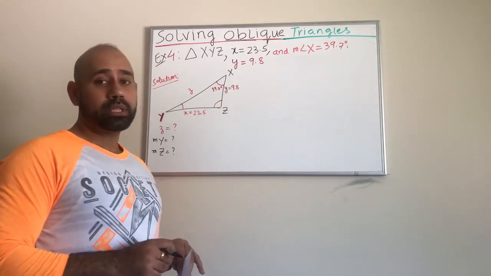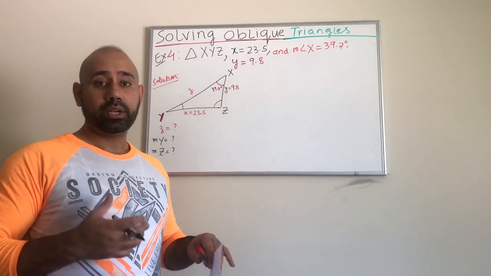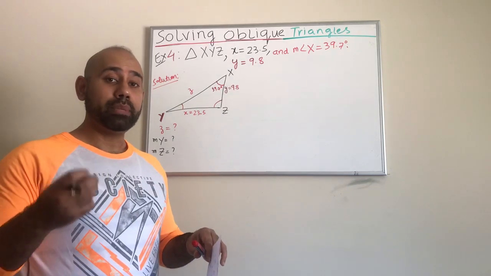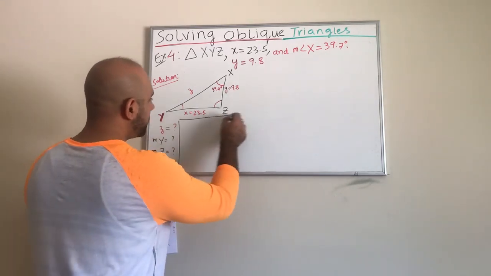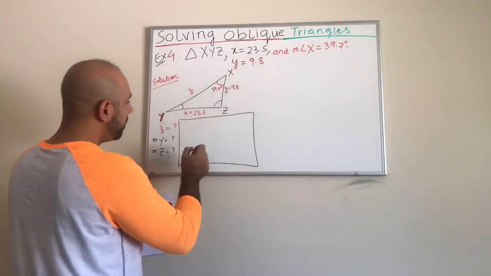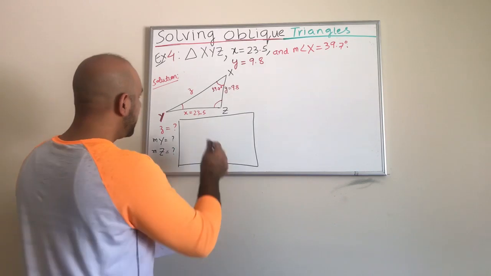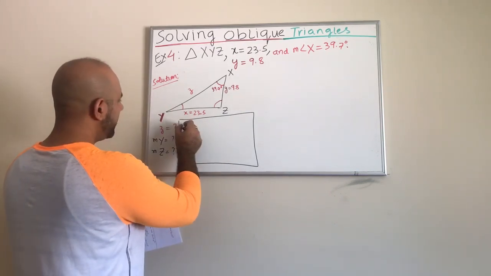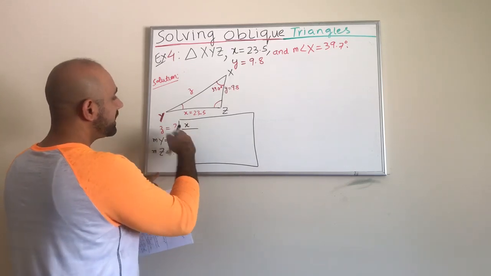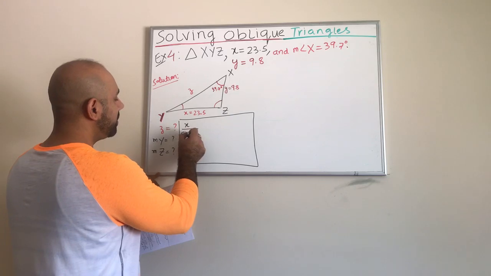So we are going to set up the sine law, and from there we can figure out how to find the missing pieces. There are two ways of writing the sine law. We are going to use the one where we start with the side length. So let us say we start with x. Then what goes down here is the sine of the angle opposite to that side.